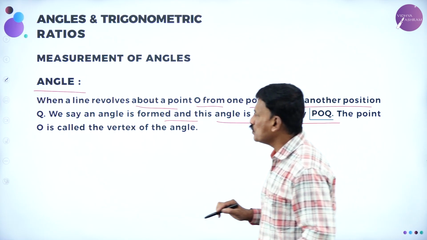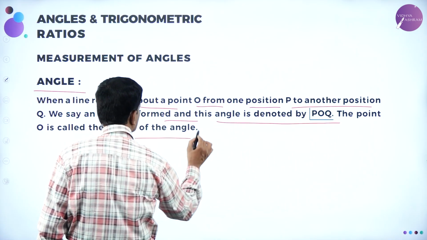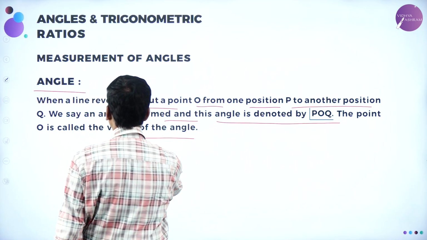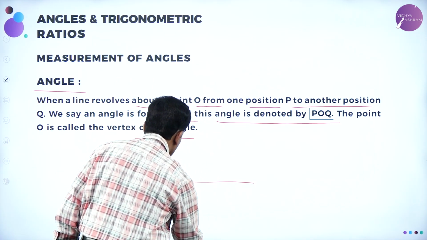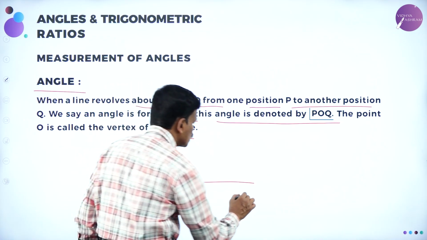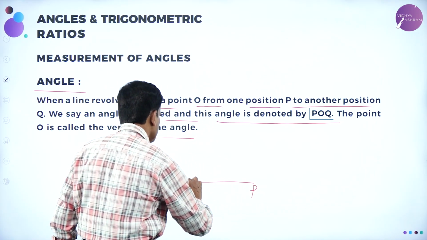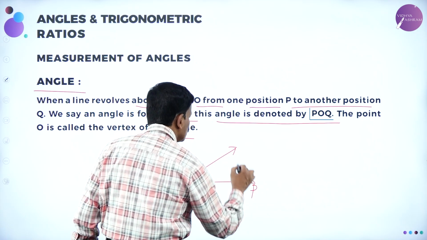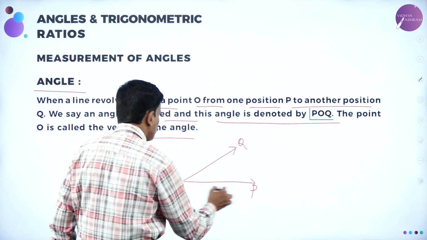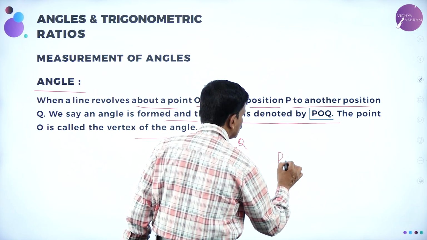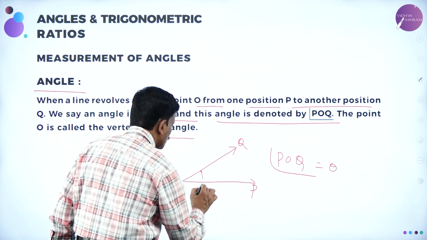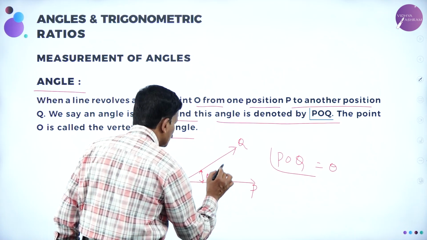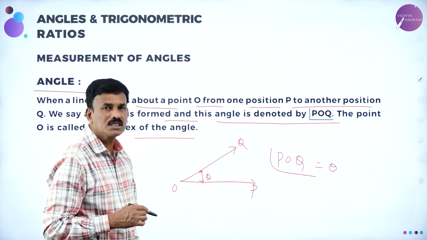The point O is called the vertex of the angle.